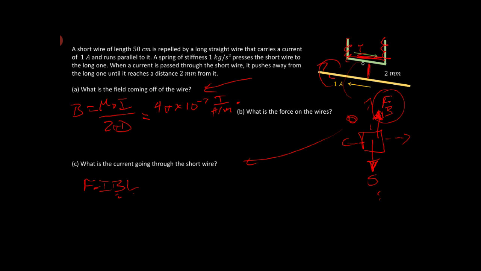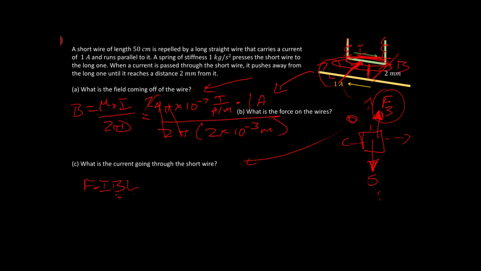All right, so like I said, we want to find the force here from this wire, which is the same as the force on that wire, which is the same as the spring force coming up this way. Since we know what the spring force is, which is K times X, we just need to do 1 kilogram per second squared times X, which is the distance, 2 millimeters.